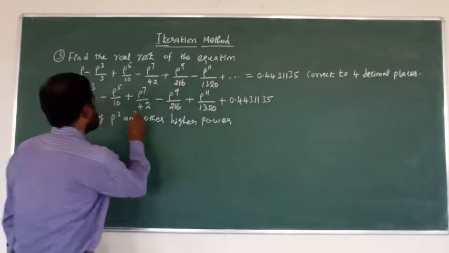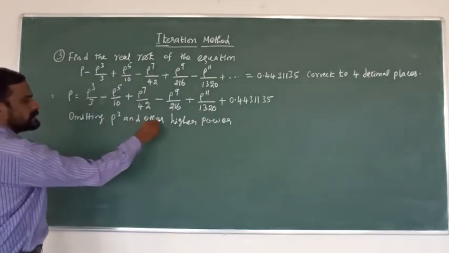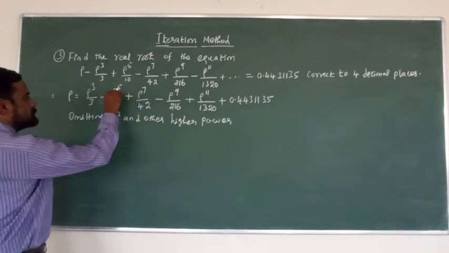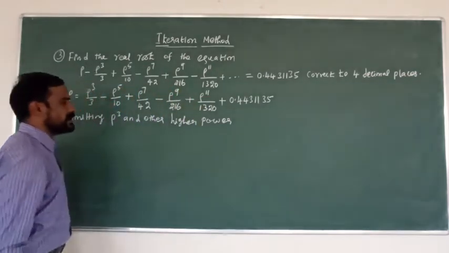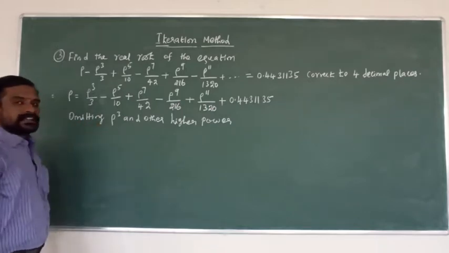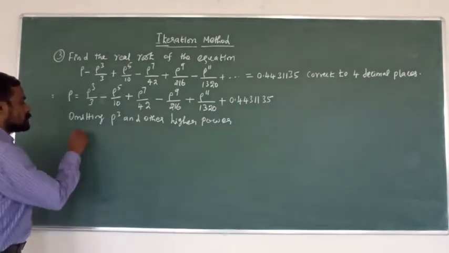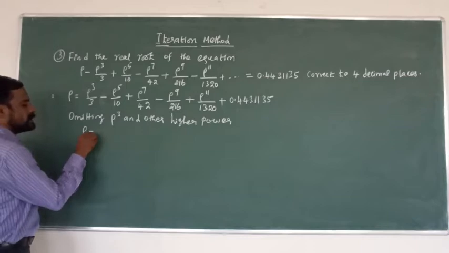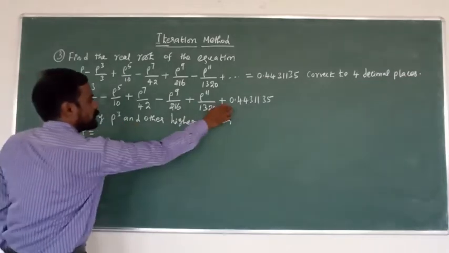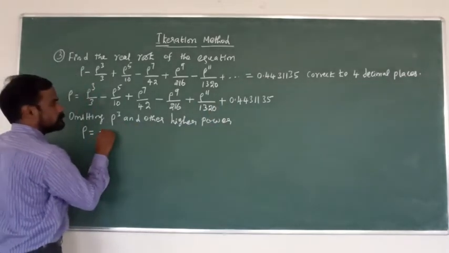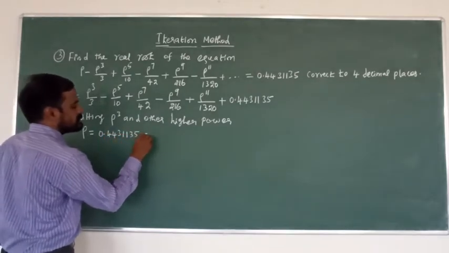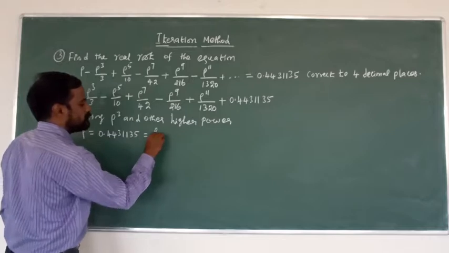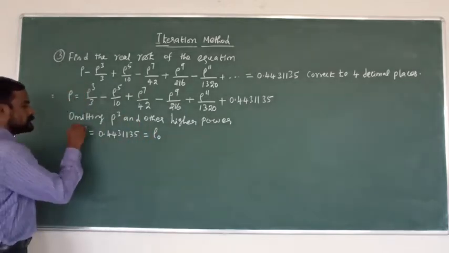Now rho cube and other higher powers, rho 5, rho 7, rho 9, rho 11 will be omitted. Now remove, and finally we got rho equal to 0.443135. This is the value of rho naught.